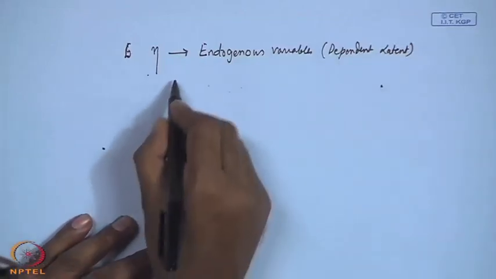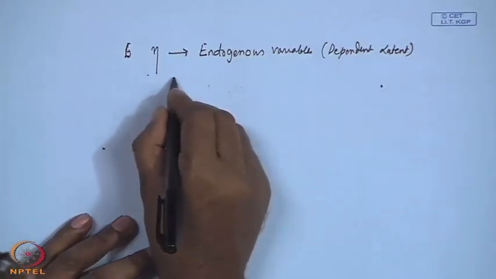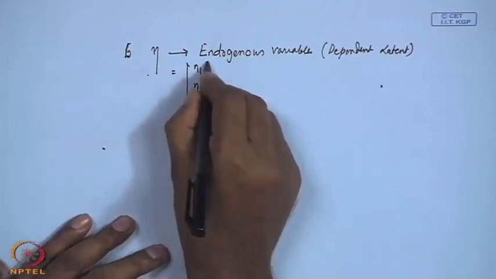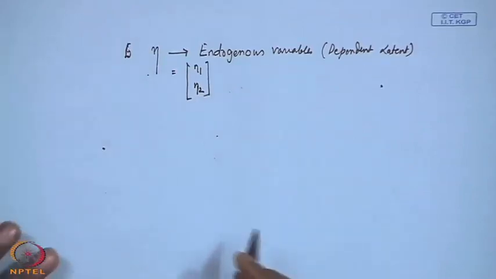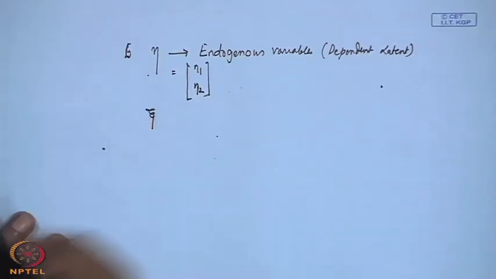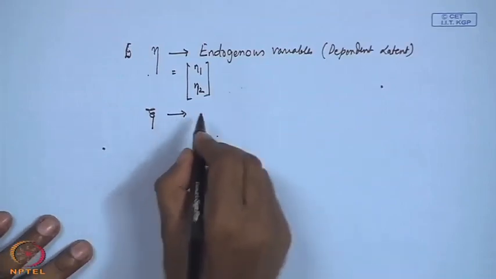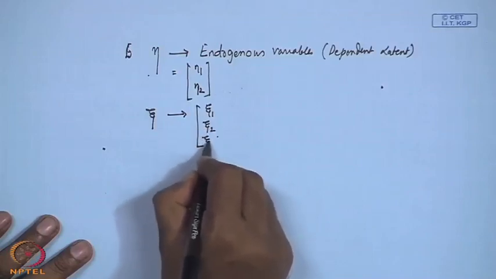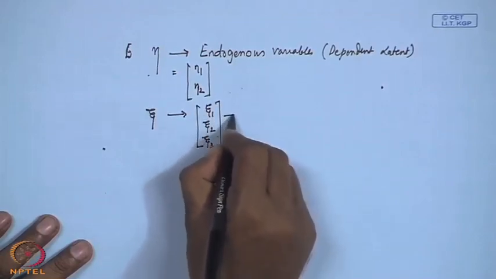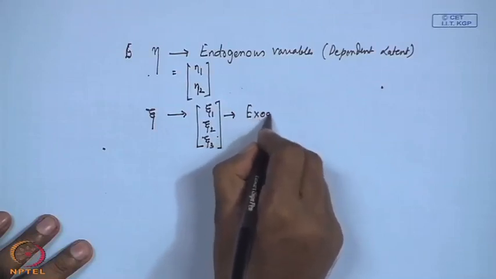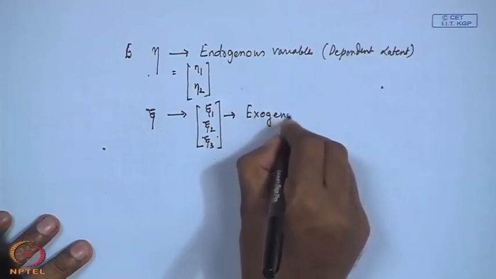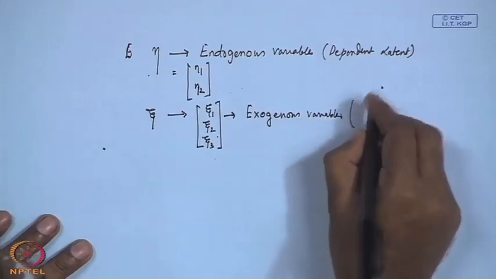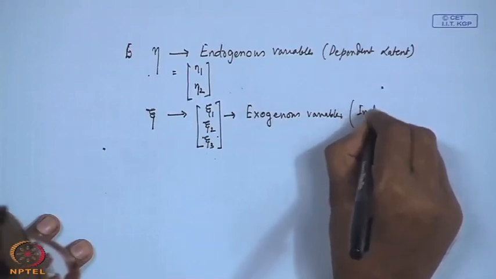In the example given, this is eta 1 and eta 2. Now, there is another variable which is xi, which in this example is xi 1, xi 2, xi 3, which is known as exogenous variables. This is independent latent.